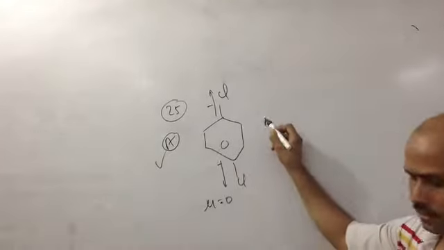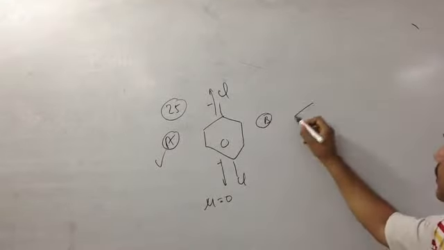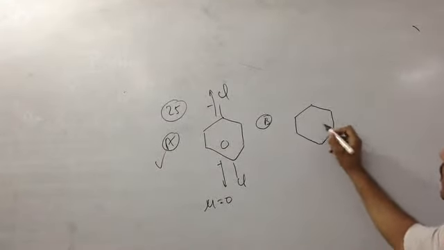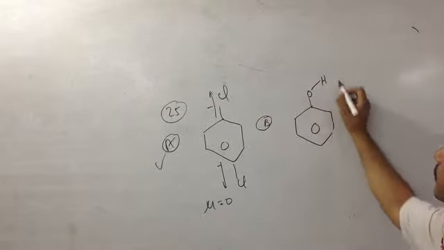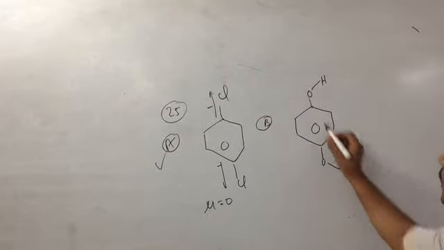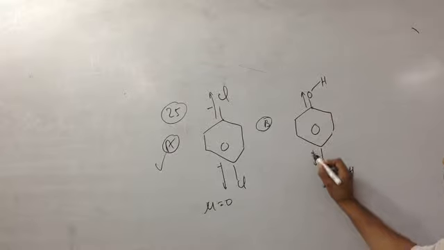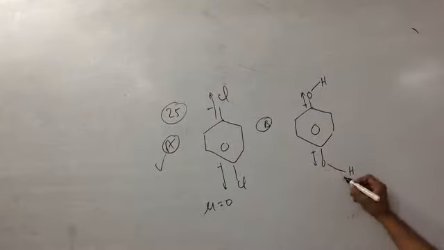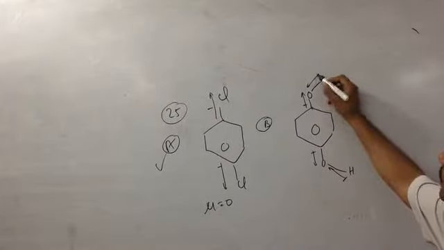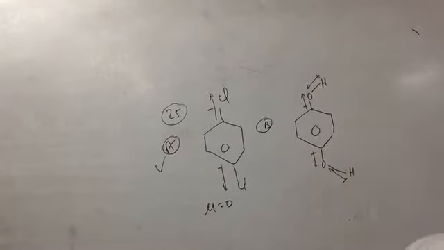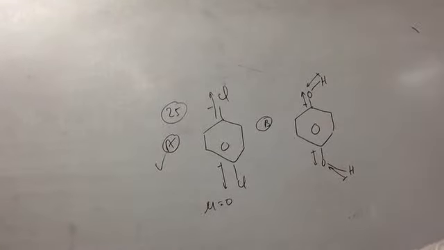A is the correct answer. B, you might get confused by the OH. See here, this dipole is here due to oxygen. Similarly, there is one or more dipole here, and the resultant of these two cannot be 0.